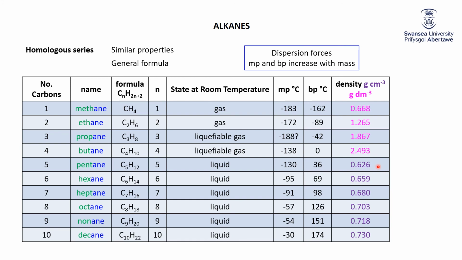But then when we get to the liquids, you can see again they're increasing as the alkanes get heavier, but they're all less than 1, which means that all of these alkanes float on water. And of course, you're familiar with that idea when you look at petrol, for example, which is made up of heptanes, octanes, and various other things. It floats on water. If you spill a little bit of petrol on a puddle, it floats on top and you get that lovely iridescent sheen.